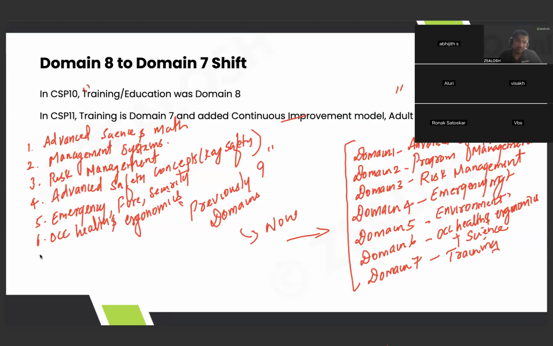What is domain number 7? Environment management system. Domain number 8 is training, education. Domain number 9, law and ethics. Now you might have noticed something.